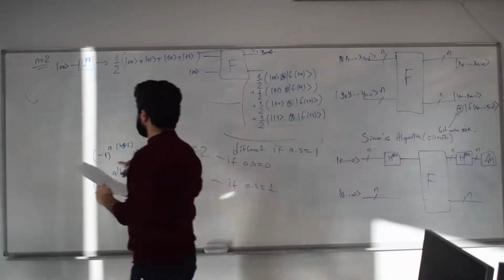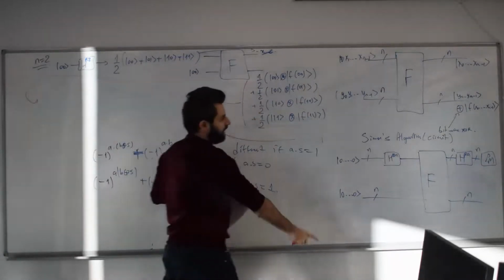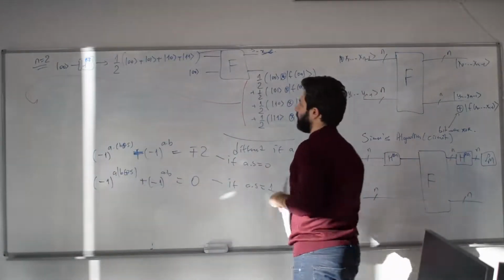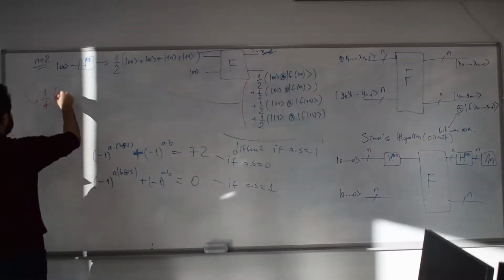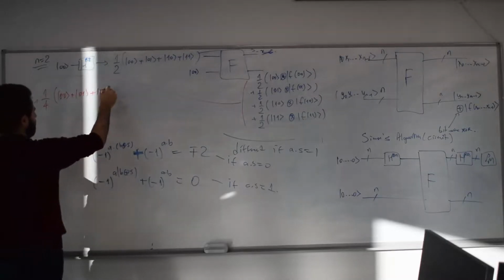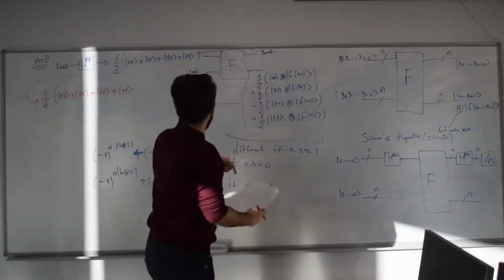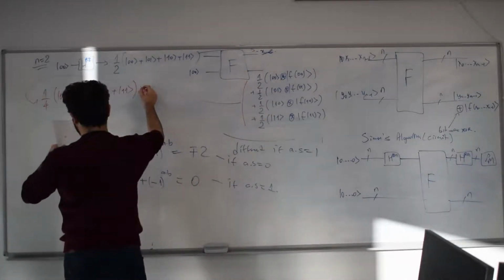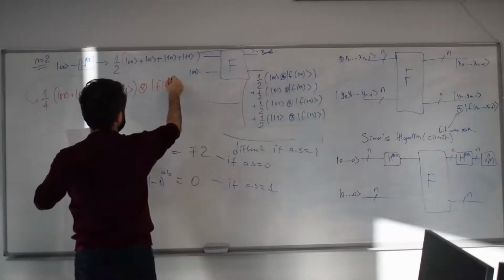I can rewrite this as follows. This 1/2 and another 1/2 coming from the Hadamard creates 1/4. Then I have 0, 0 plus 0, 1 plus 1, 0 plus 1, 1, right? This is for this, and then I have a tensor with f(0, 0).